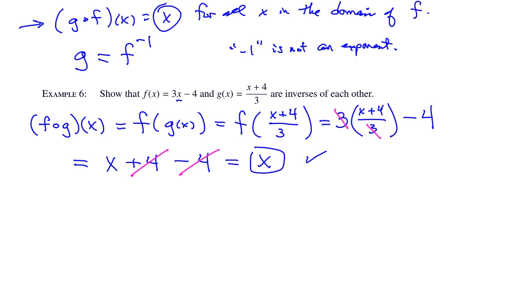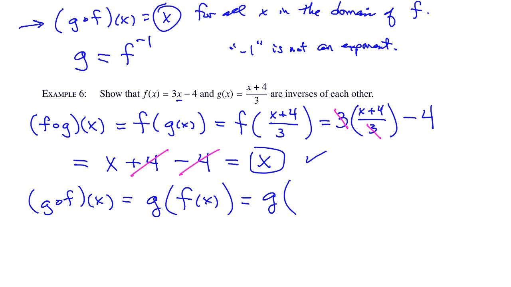Now it also has to work for the back half as well. So now we will do g composed with f of x. This would be g of f of x. f of x is 3x minus 4, so we apply that into the g function.